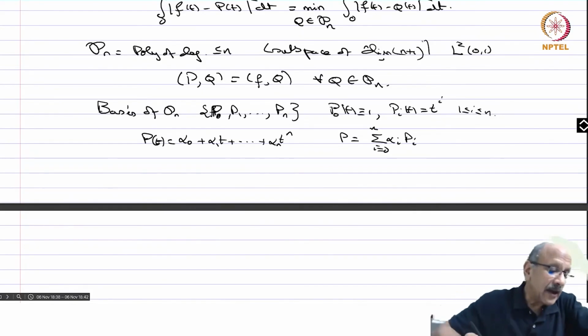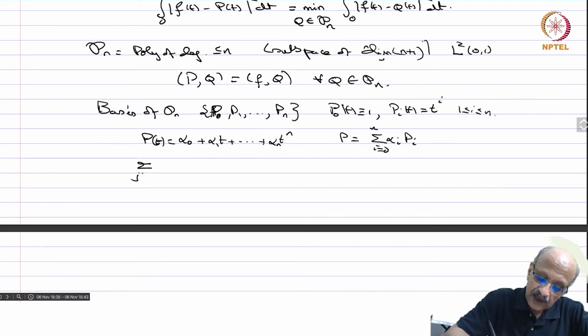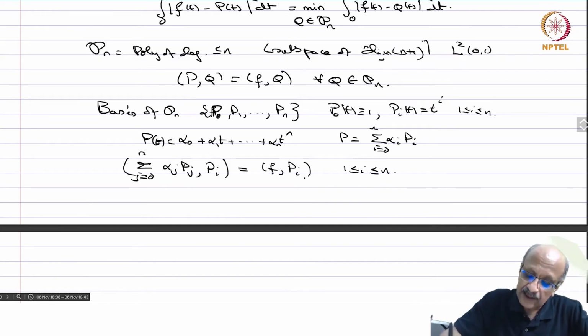Okay, so then if you substitute that in this equation, you will get the following linear system. We write the sum over j equals 0 to n of alpha j (pj, pi) equal to (f, pi), for 0 less than or equal to i less than or equal to n. So this gives you n plus 1 linear equations in n plus 1 unknowns, alpha 0, alpha 1, ..., alpha n.